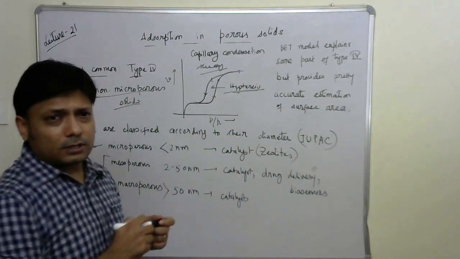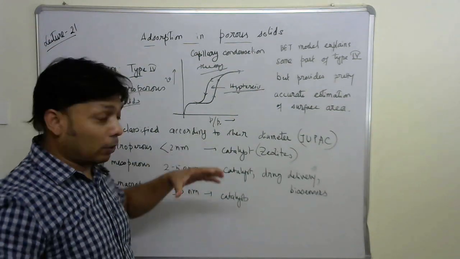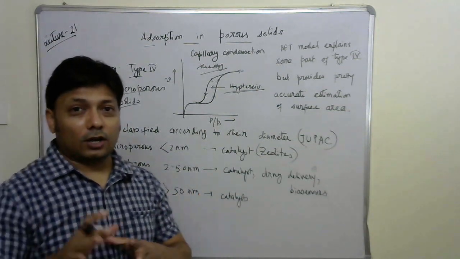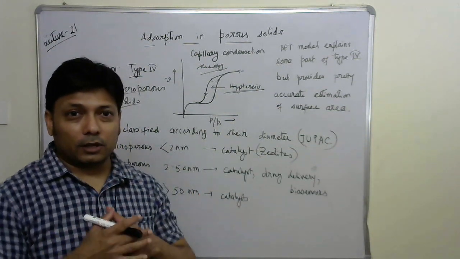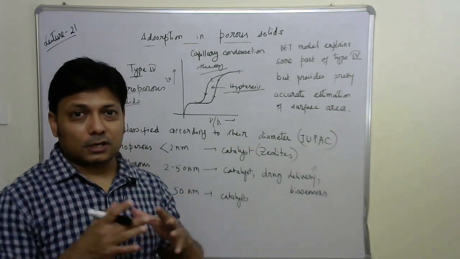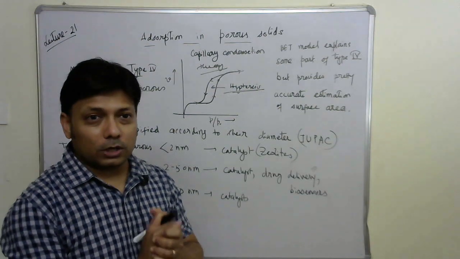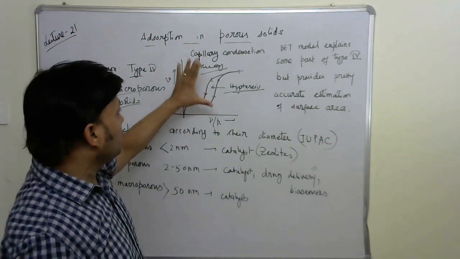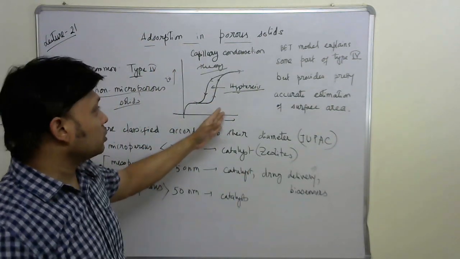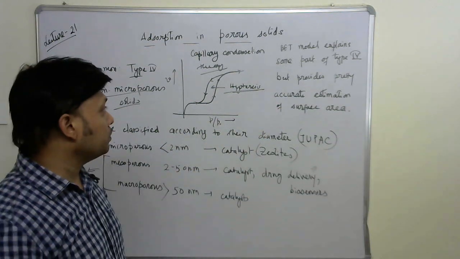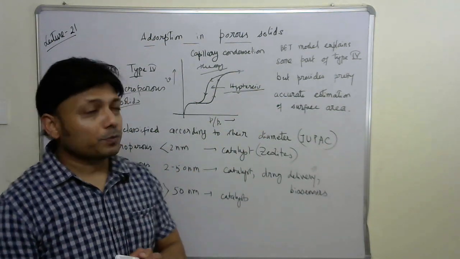The capillary condensation effect is associated with formation of capillary meniscus and the Kelvin equation, etc. I'm not going into that, but remember, the capillary condensation effect is responsible for the appearance of the hysteresis loops, as it is generally understood.